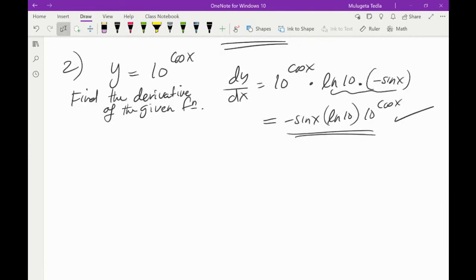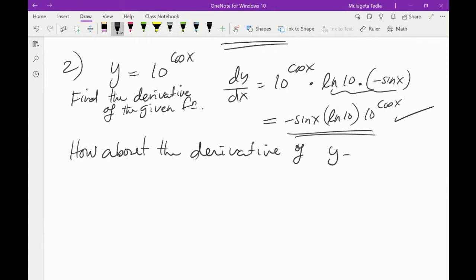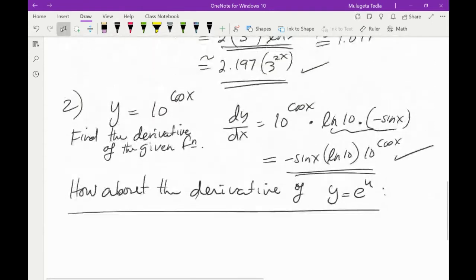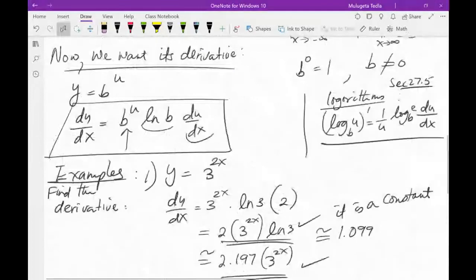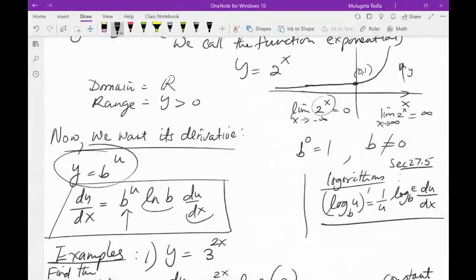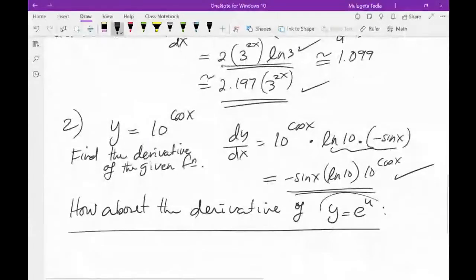Okay. So my question here is, how about the derivative of y equal to e to the u? What is special about b to the u and e to the u?